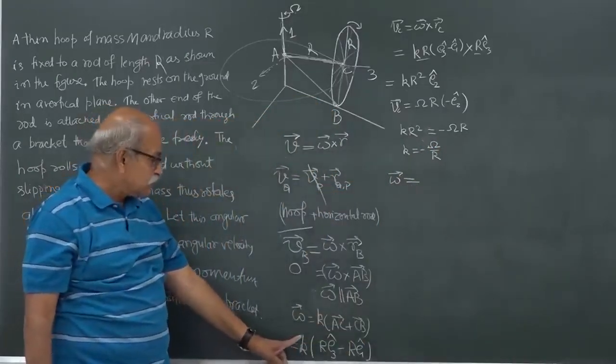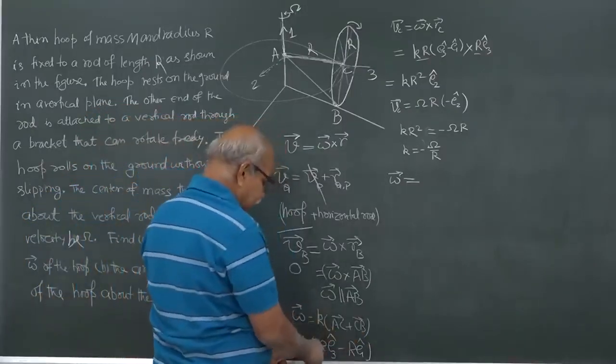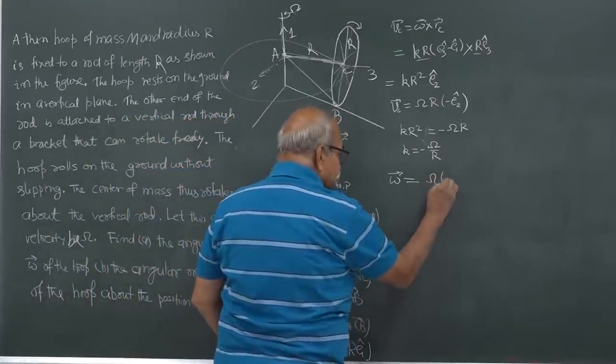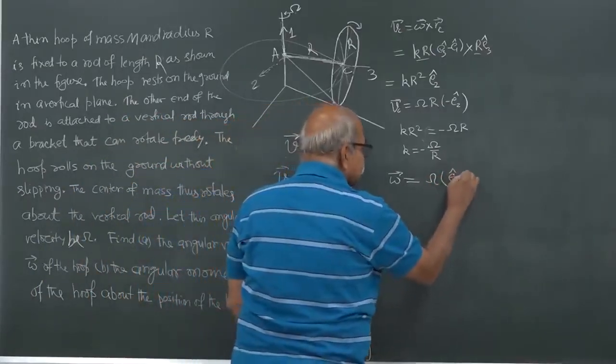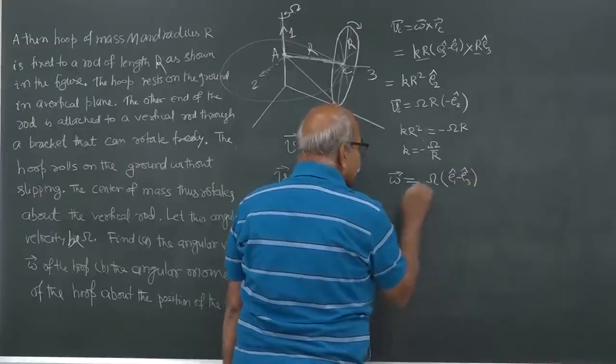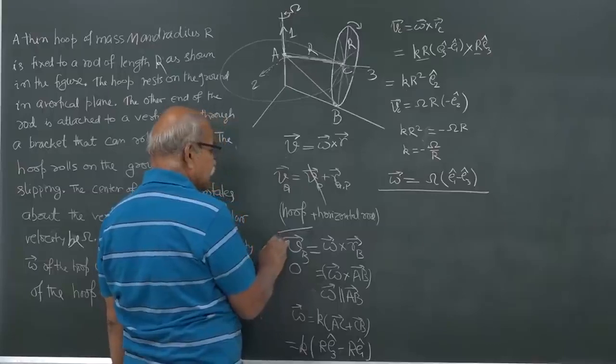K is minus capital omega by r. So, capital R will cancel. So, capital omega here and minus is there. So, E1 cap minus E3 cap. So, that is the answer of the first part.